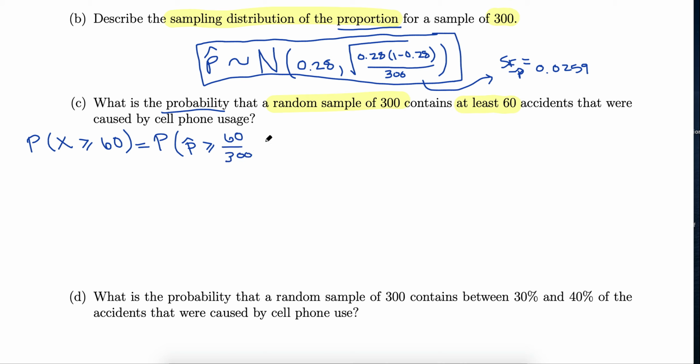So I've converted my at least 60 to a proportion, 60 out of 300. If you forget that step, this whole thing is going to be wrong. So, skipping ahead here. Just one more step to work that out. That's like saying p-hat is at least 0.2.